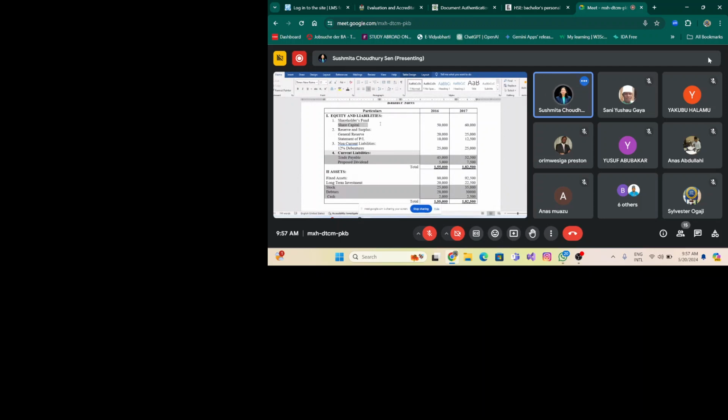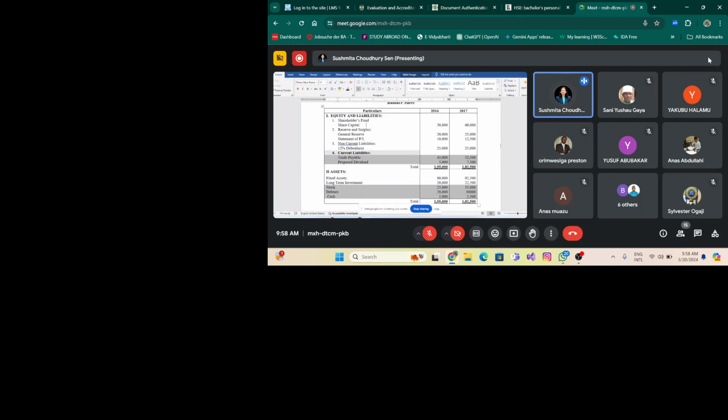Starting with the first option, share capital. It is not a part of working capital. In the year 2016, the share capital was 50,000 and in 2017 it is 60,000. That means in 2016, 50,000 was received by issuing shares, but in 2017 it becomes 60,000.